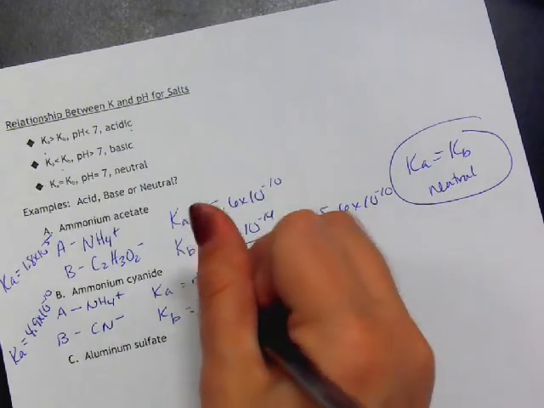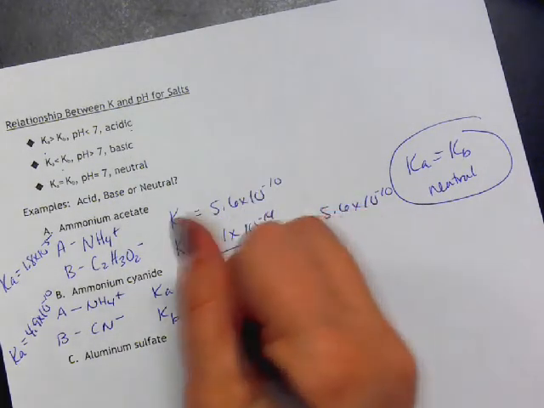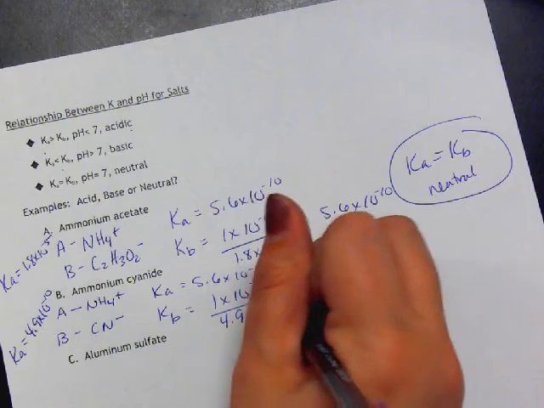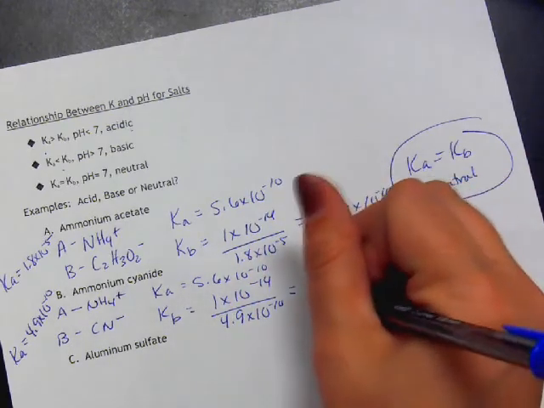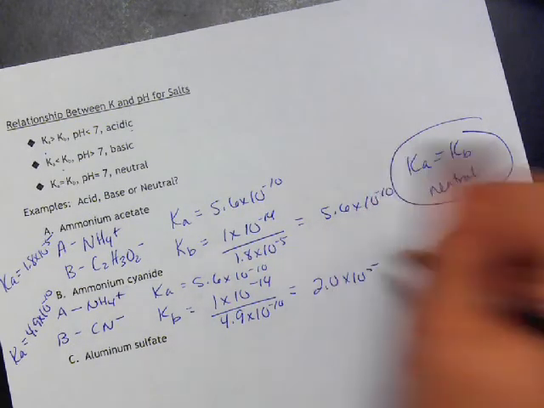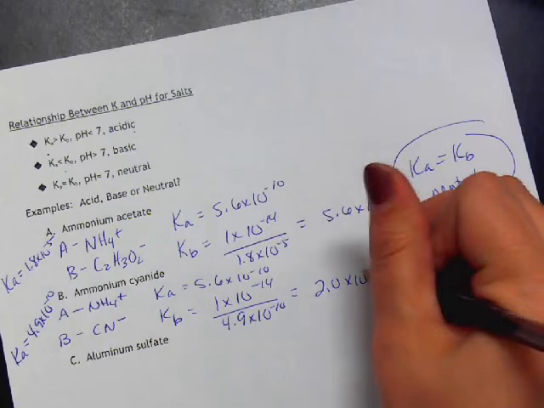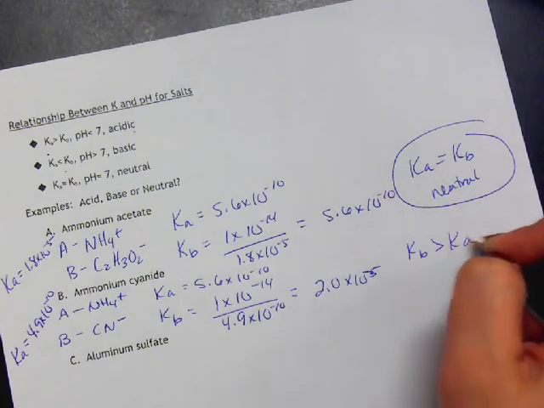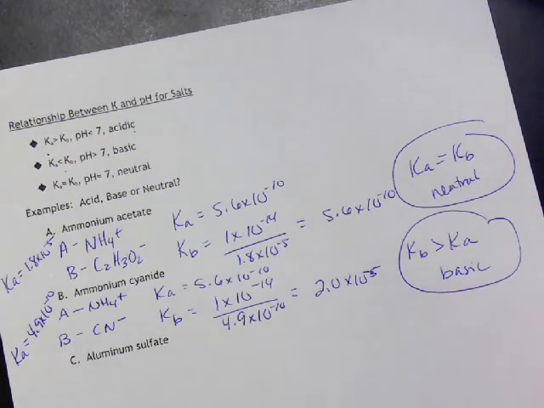We calculate the Kb by dividing the Kw by the Ka, and we get 2.0 times 10 to the minus 5. So then we want to compare those, and since your Kb is bigger than your Ka in this instance, this would be a basic salt.